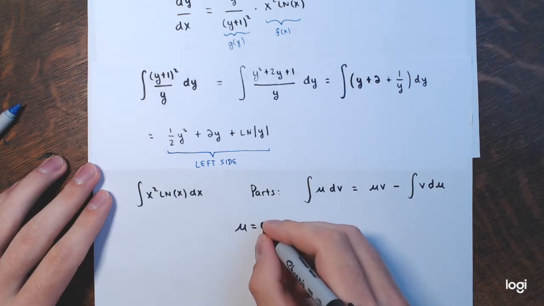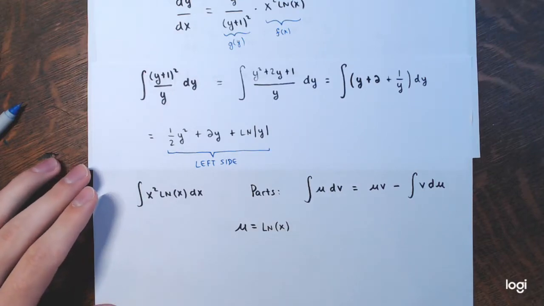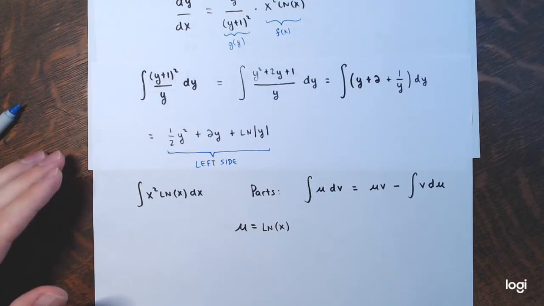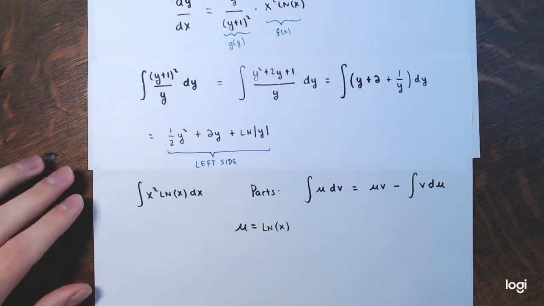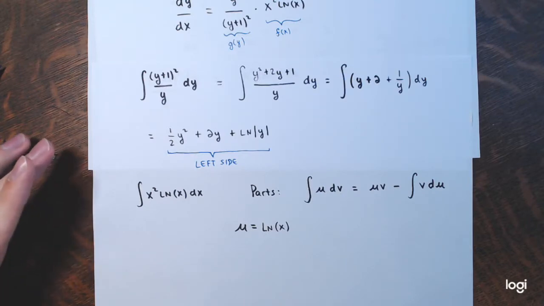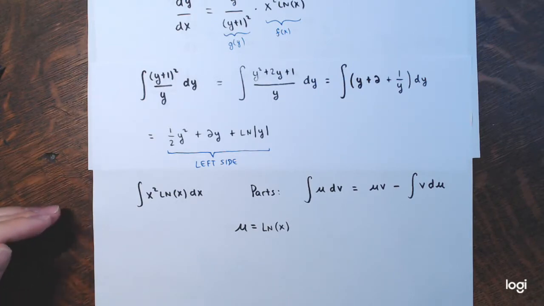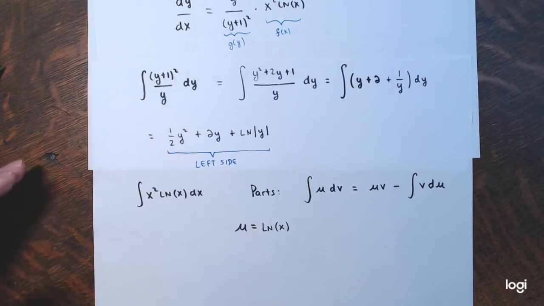Remember, you kind of got to play around with this sometimes, and your choice of u you might have to mess around with. But if you remember, there was an acronym, LIATE, LIPTE, however you want to remember that: logarithms, inverse trigs, arithmetic or polynomial functions, and then trigonometric and exponential functions in that order.